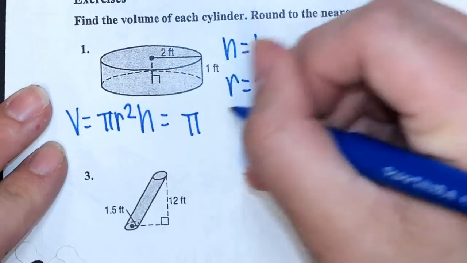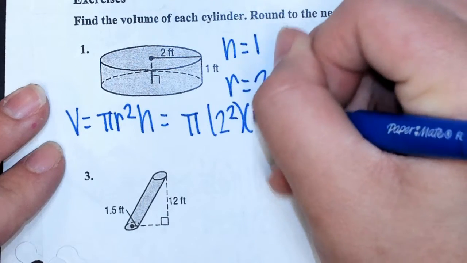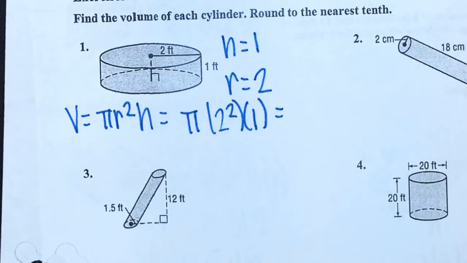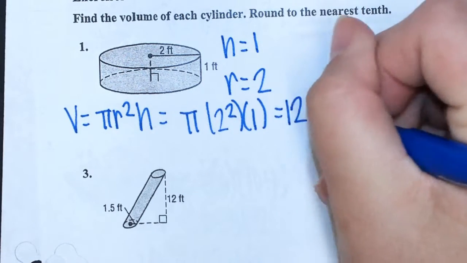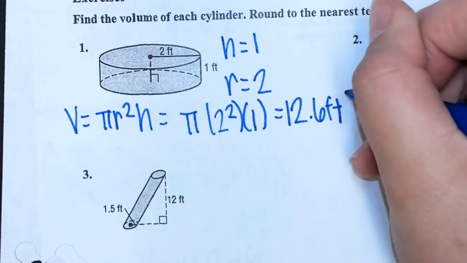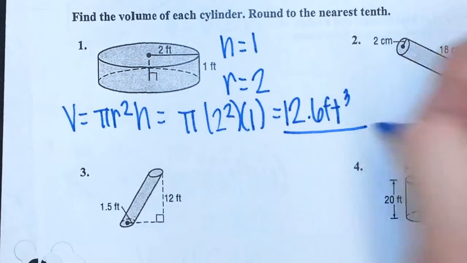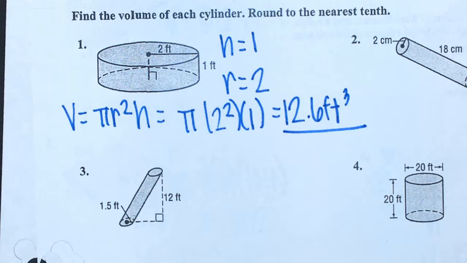You get pi 2 squared times 1. 12.6 feet what? Cubed. Try 2, 3, 4.